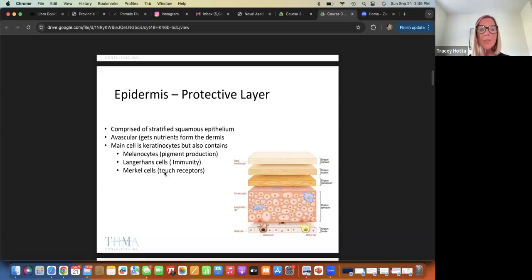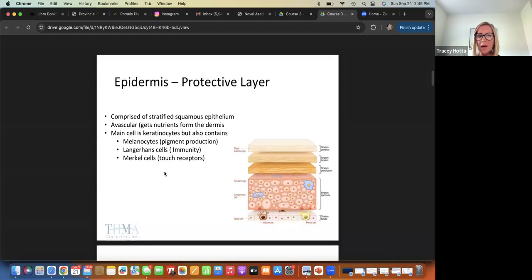That layer is comprised of stratified squamous epithelium. It's avascular. It gets its nutrients from the dermis, which lies just beneath the epidermis. The main cell is the keratinocyte, but it also contains melanocytes, which are responsible for pigmentation, Langerhans cells, which provide some immunity, and Merkel cells, which allow us to feel touch.